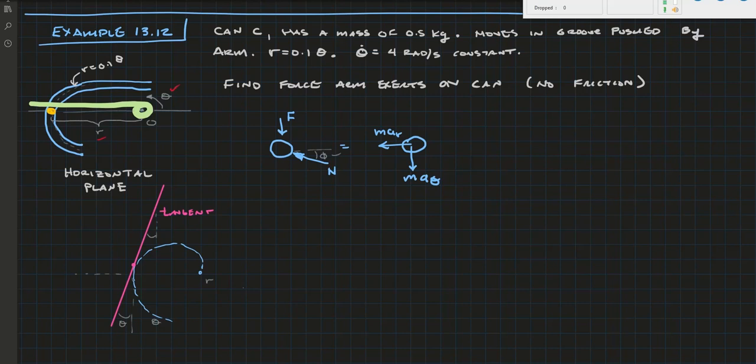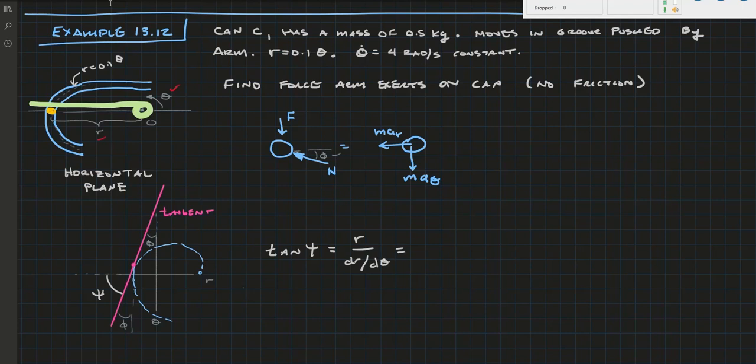This is φ. Now, as we just discussed, this angle here we define as our ψ angle, and the tangent of that we said is equal to r over dr/dθ.